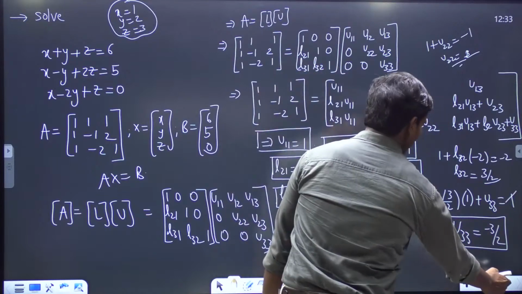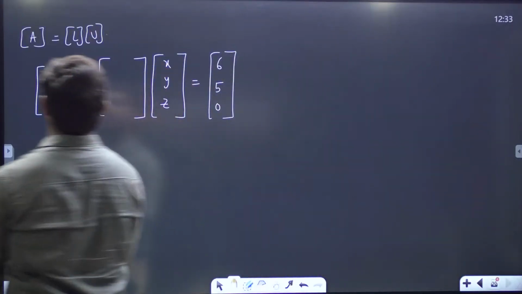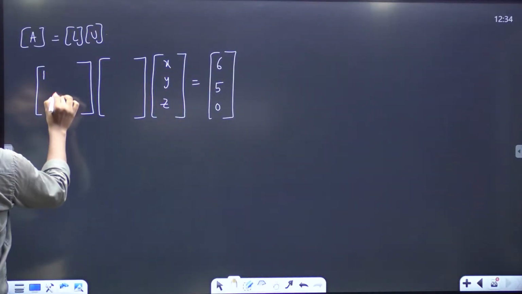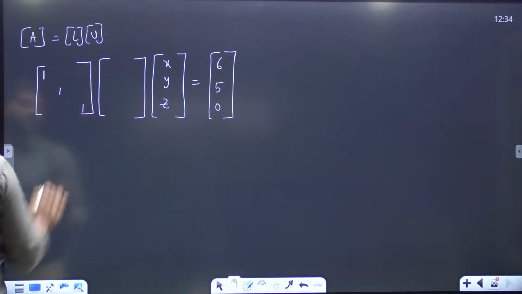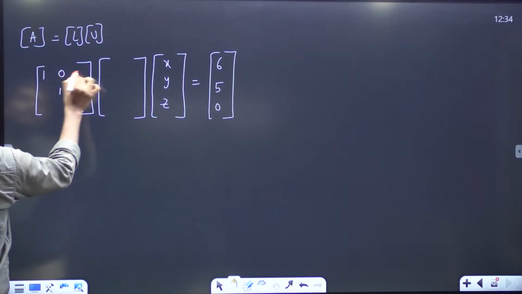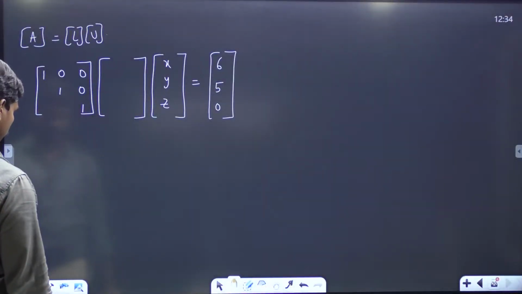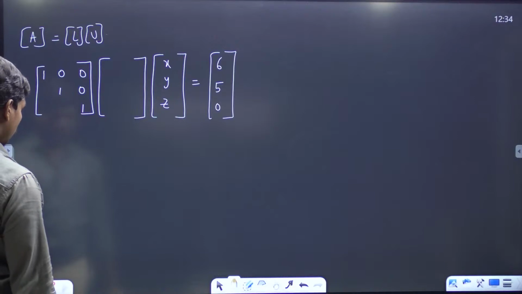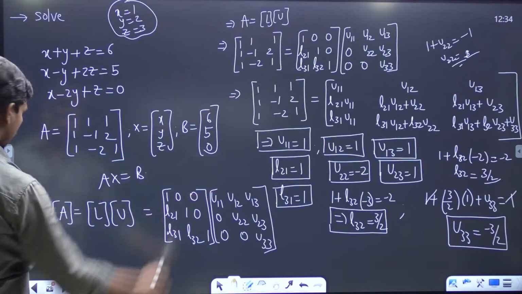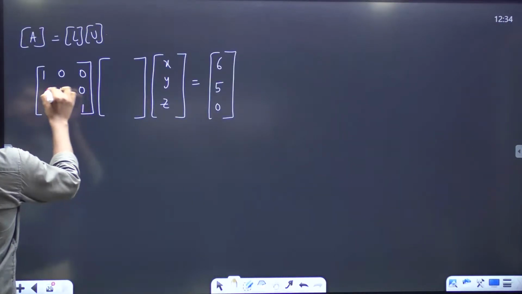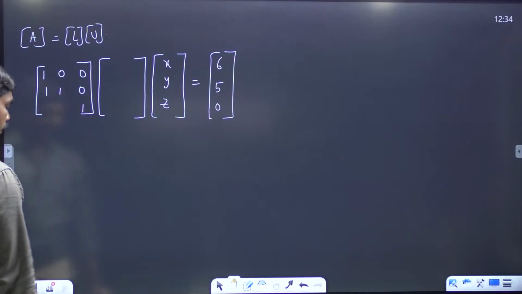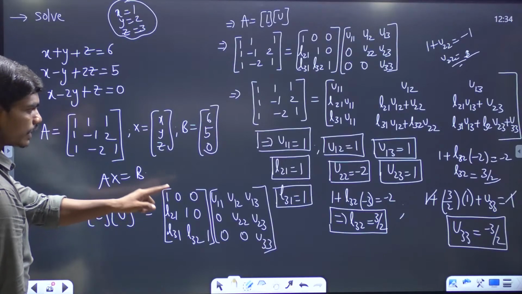Minus 3 by 2. So now let us frame these matrices. We know all the principal diagonal elements of the lower triangular matrix are 1 and the elements above the diagonal are 0. So next, see here. L21 is 1. Next, L31 is 1 and L32 is 3 by 2.